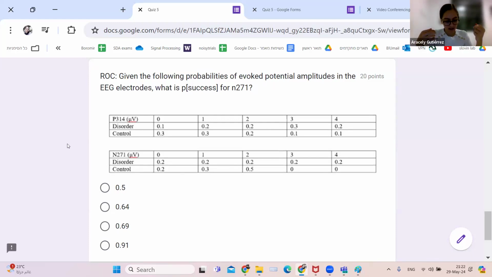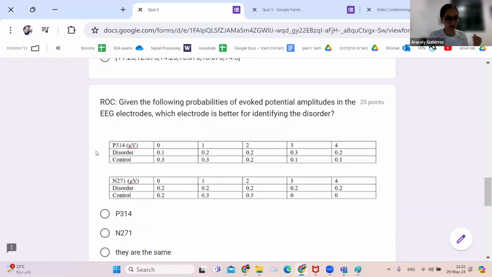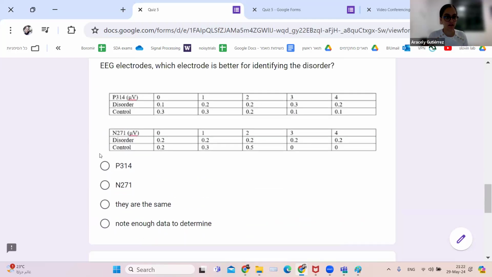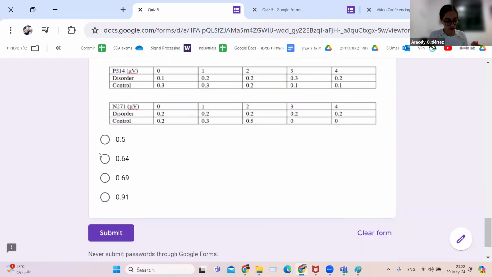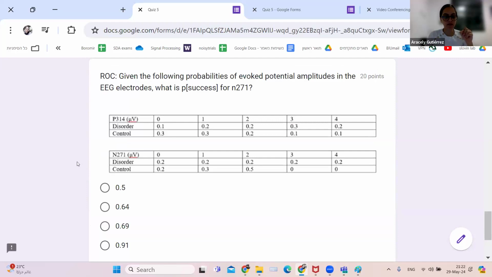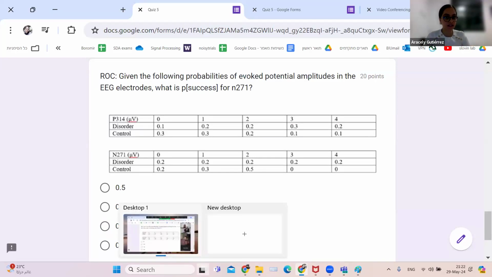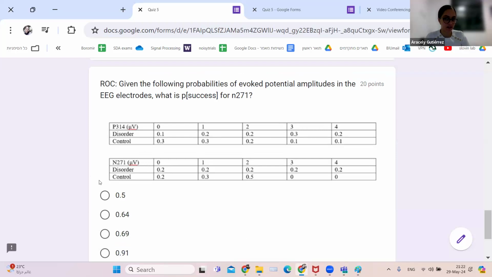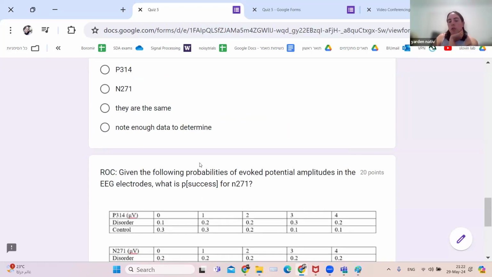And that's why I'm wondering about the question before, because I get two results depending on the method. If I do only the probability graph, I get one result, but if I calculate the probability of success, I get another one. No, so here you need to do the probability of success.